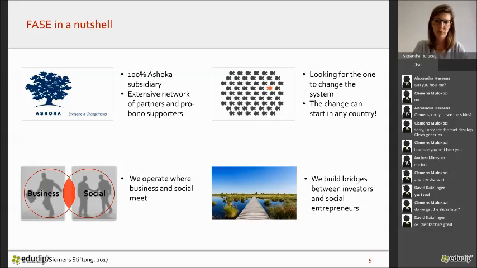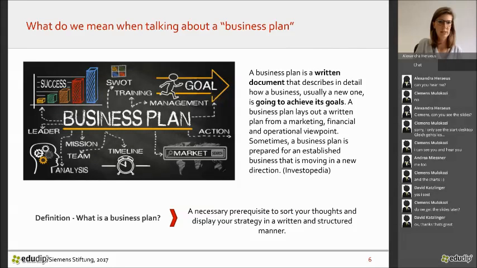So we work with these two worlds and bring them together by providing investment opportunities to impact investors, who then basically support the social entrepreneurs financially and also with their knowledge in order to make them grow, help them scale, or just simply improve their own operations. So much to these organizations.